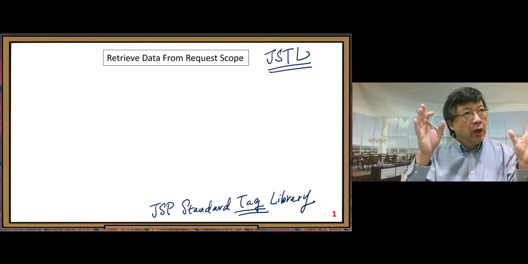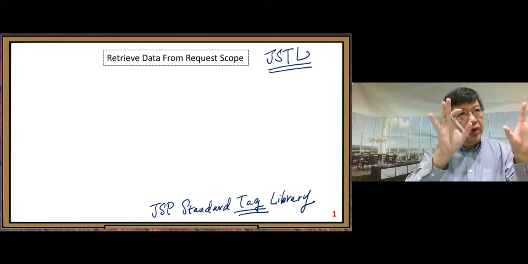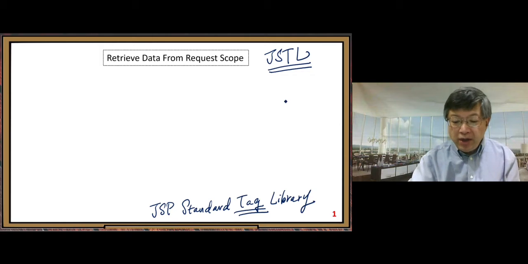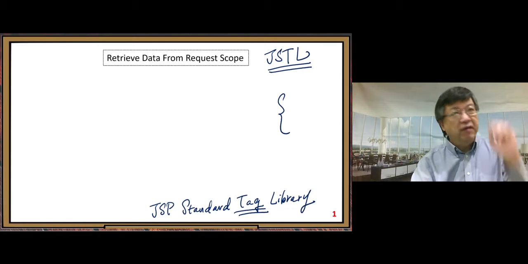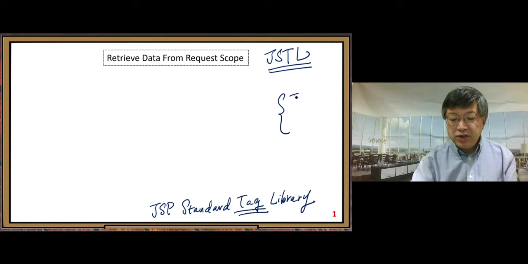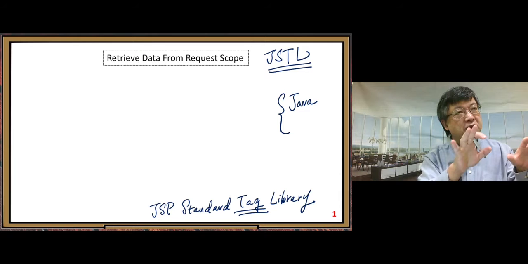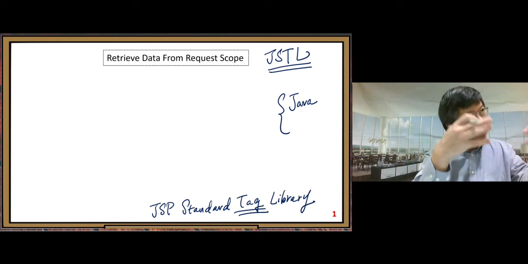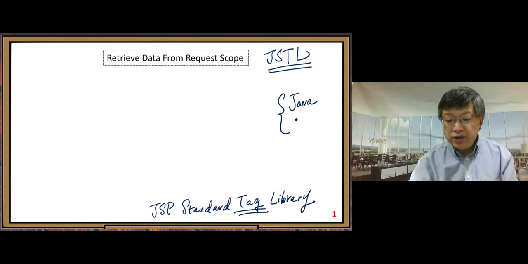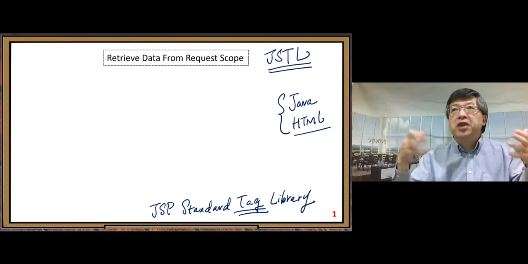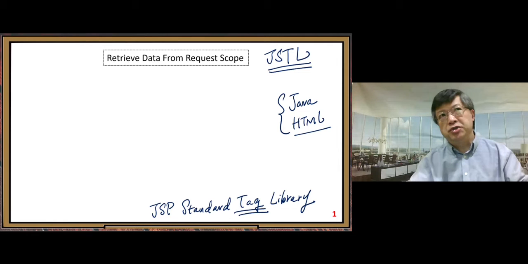First, currently, when we write a JSP, we use 2 environments. One is the Java environment, so you can embed Java code using scriptlets, right? Another is the HTML environment, because your page is basically an HTML page.